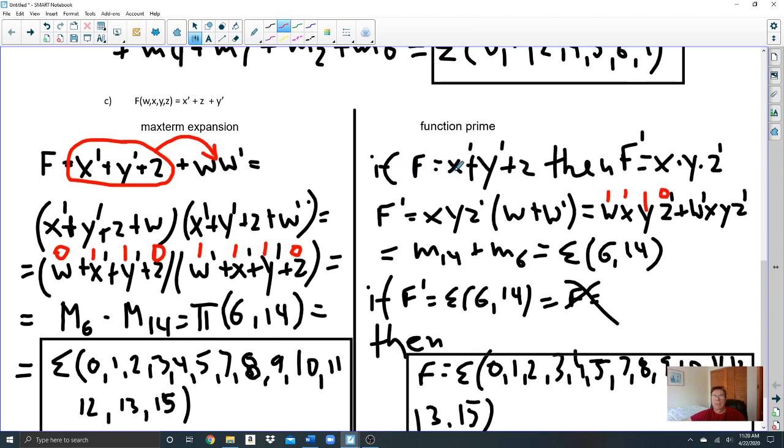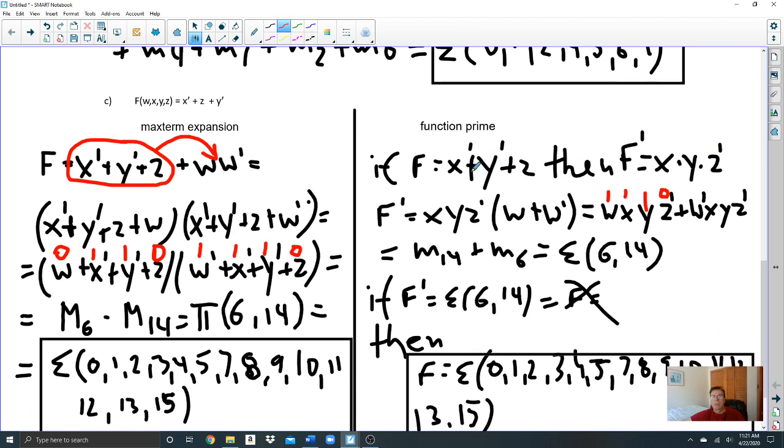If this function is x prime plus y prime plus z, then the prime of this function is this. How do you create a prime or opposite of the function? If the original function has x prime, the prime of the function, or inverse of the function, has x. So I'm changing all the variables to their opposites: x prime becomes x, y prime becomes y, z becomes z prime.